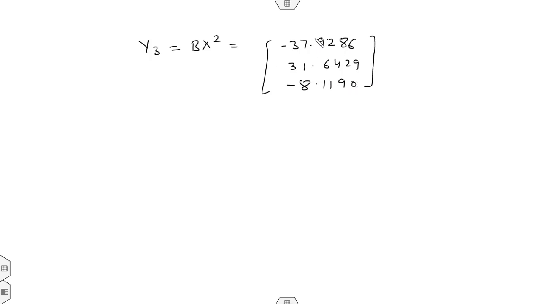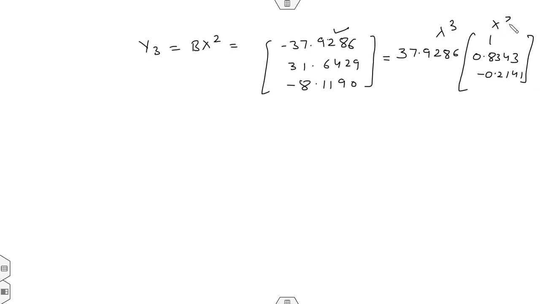The maximum entry is 37.9286, so we take it out, giving 37.9286 times 1, -0.8343, 0.2141. This is your lambda 3 and this is your x3.